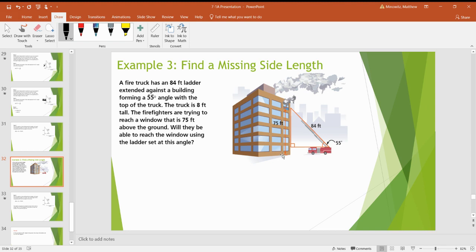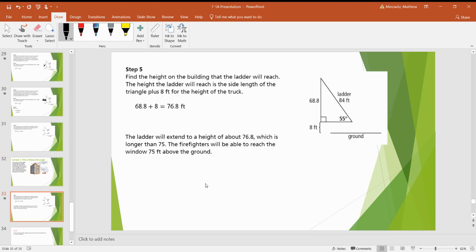The question asks, can I get to a window that's 75 feet tall? The ladder is going to go up to 76.8, which is above the window, so I'm good. I can always lower it to get to 75 feet because I have enough room.